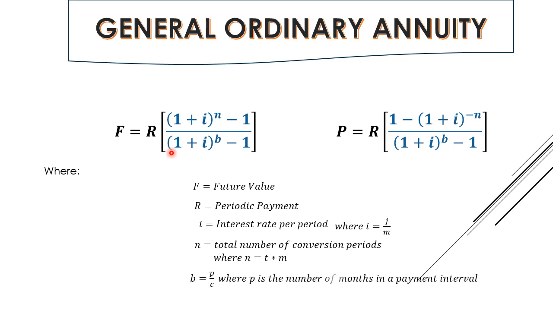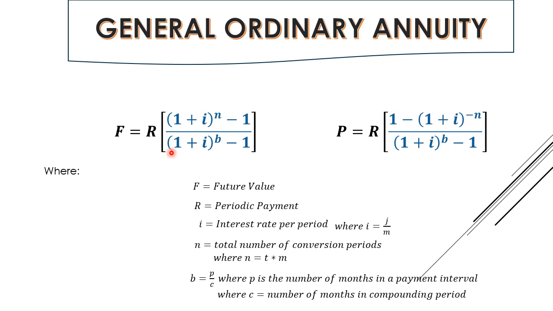So B there stands for P over C. Where your P is the number of months in the payment interval and C is the number of months in compounding period. So for example, your P there, if the payment interval is quarterly, it means that the number of months within the payment interval is 3 months, since there are 3 months every quarter, right?